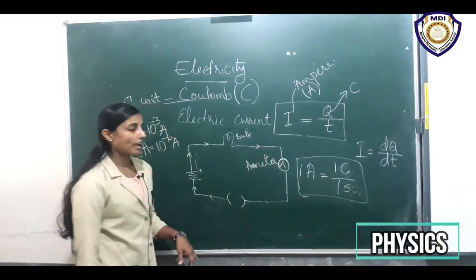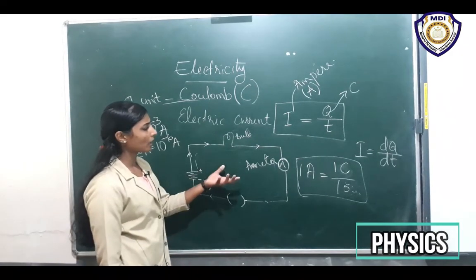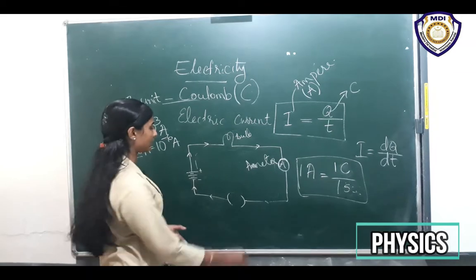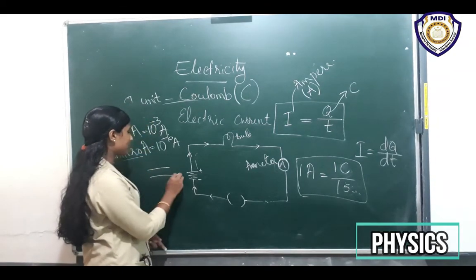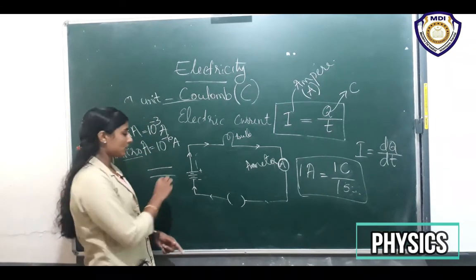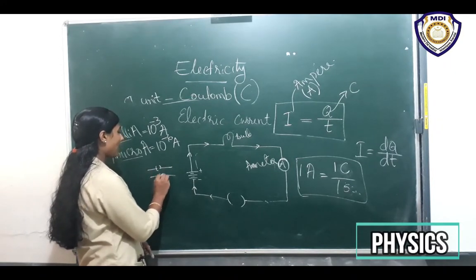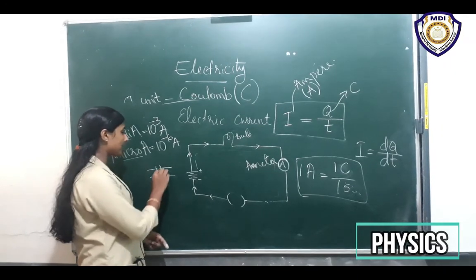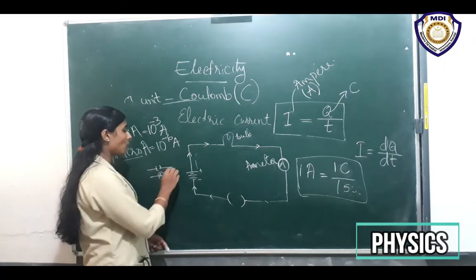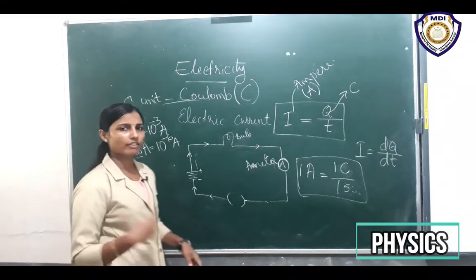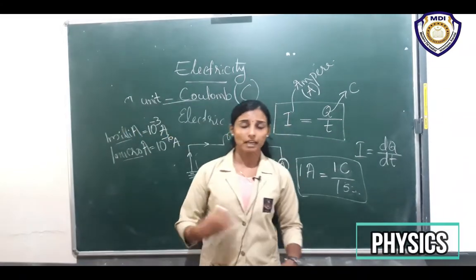Another mode of connection is parallel connection. You know, these are parallel lines. So here we have a switch and here we have an ammeter. Then we can say that these two are connected in parallel, right? All that we will study in the coming classes.